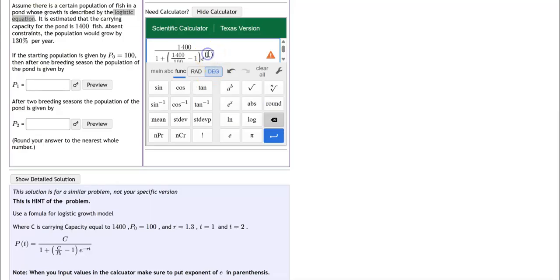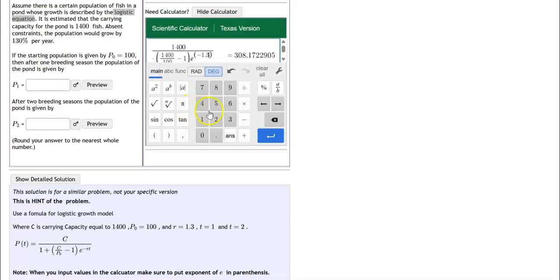So I have to type the negative. The r value is 1.3, which is 130%. 1.3 times 1, because we have to find, let's go back to the main, times 1. Okay, that's the population after one breeding season.